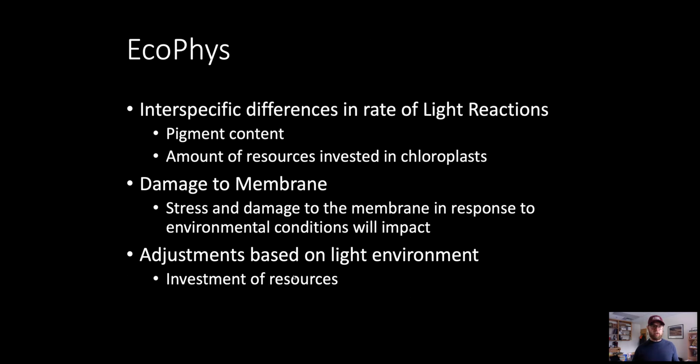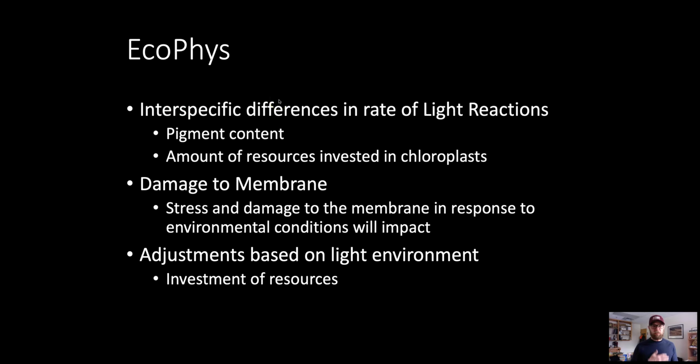Oh, I have one other slide. One thing that I want to try to do at the end of these little lectures is, because what I just said tends to be on the side of physiology, bring it back a little bit so we can think about what things we talked about that are going to be related to a larger scale or more ecophysiology. A couple of things here.